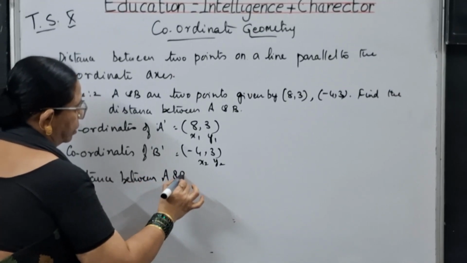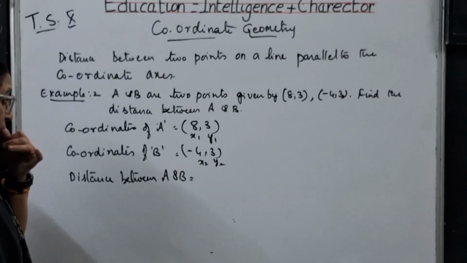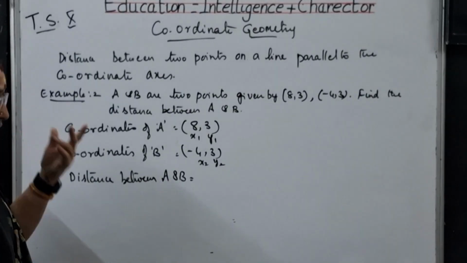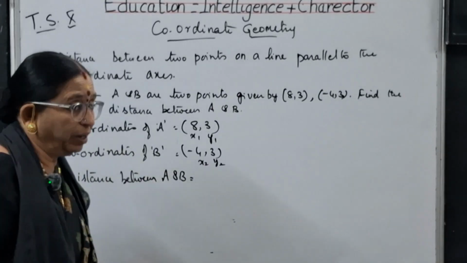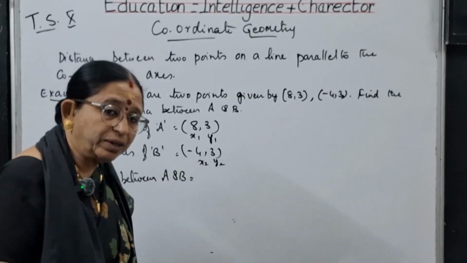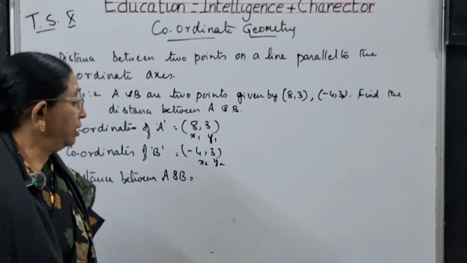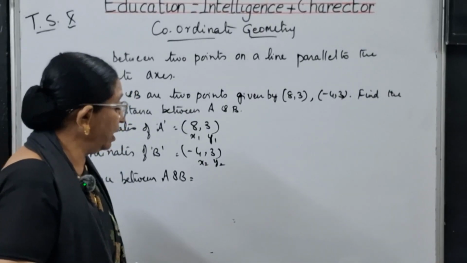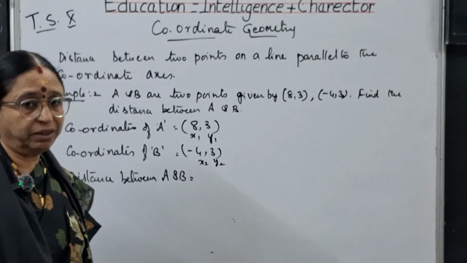So we need to use the formula. Which formula are we going to use? There are no zeros, so we cannot consider that the point is lying on the x-axis. Definitely it is not lying on the x-axis. Then what else can we see? The x coordinates are 8 and minus 4. They are different.